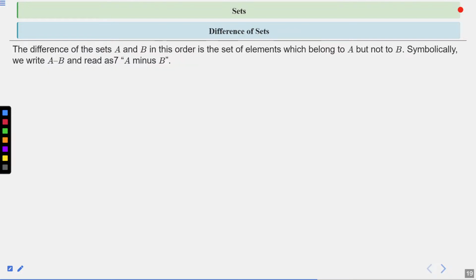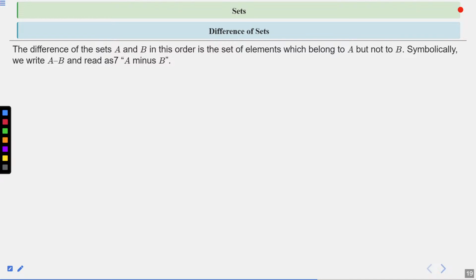Now, difference of sets. In real numbers, you know what difference gives you. In sets, how are we defining difference? Very simple.